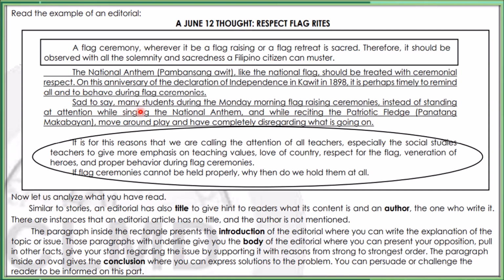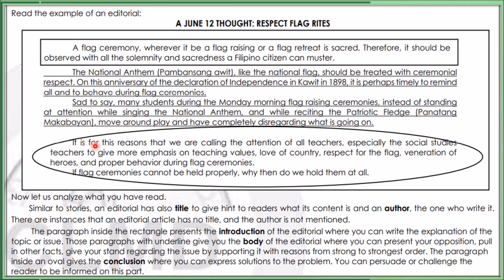Sad to say, many students during the Monday morning flag raising ceremonies, instead of standing at attention while singing the national anthem, and while reciting the patriotic pledge or Panatang Makabayan, move around, play, and behave completely disregarding what is going on.